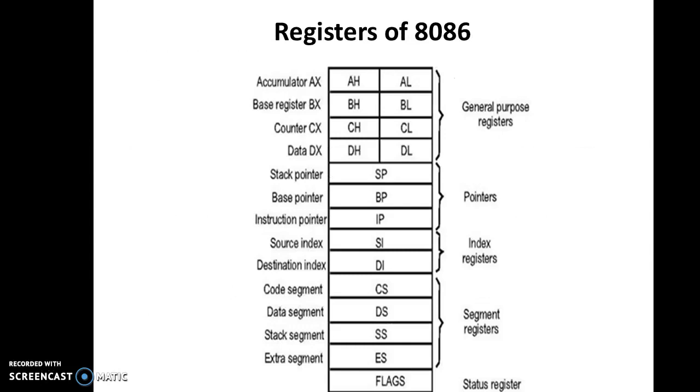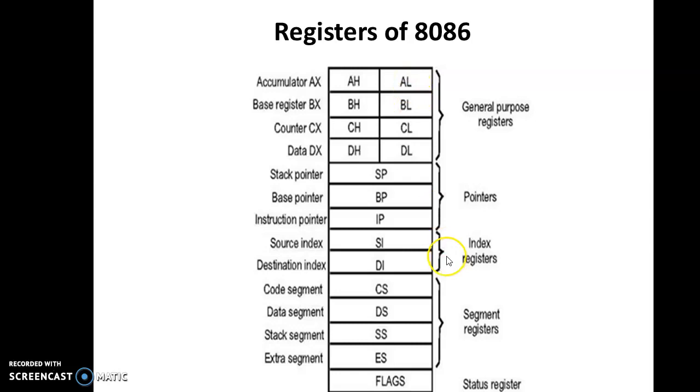Registers of 8086. Registers of 8086 are divided into different groups. First one is general purpose registers. There are 4 general purpose registers in 8086: AX, BX, CX and DX. They can be used as a 16-bit register or 2 8-bit registers. For example, AX can be used as a 16-bit register, whereas AH and AL are 2 8-bit registers.